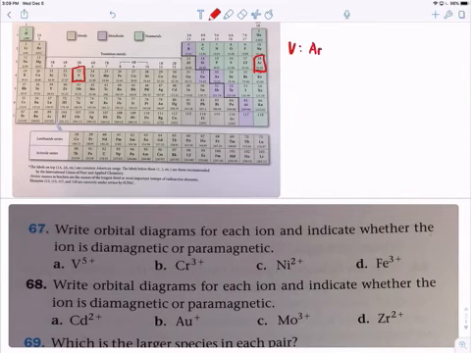Vanadium structure is argon structure, and then over here, this is 4s2, 3d3. Okay?